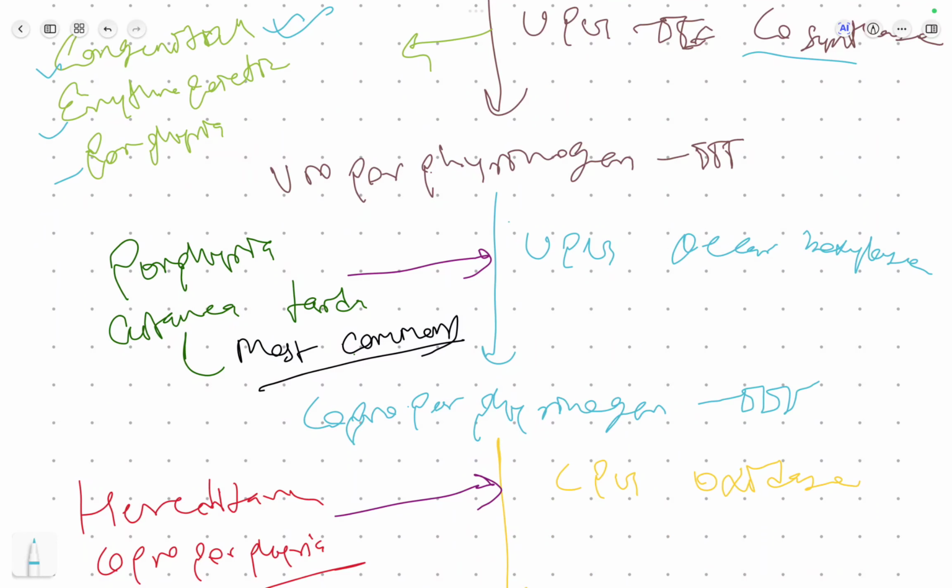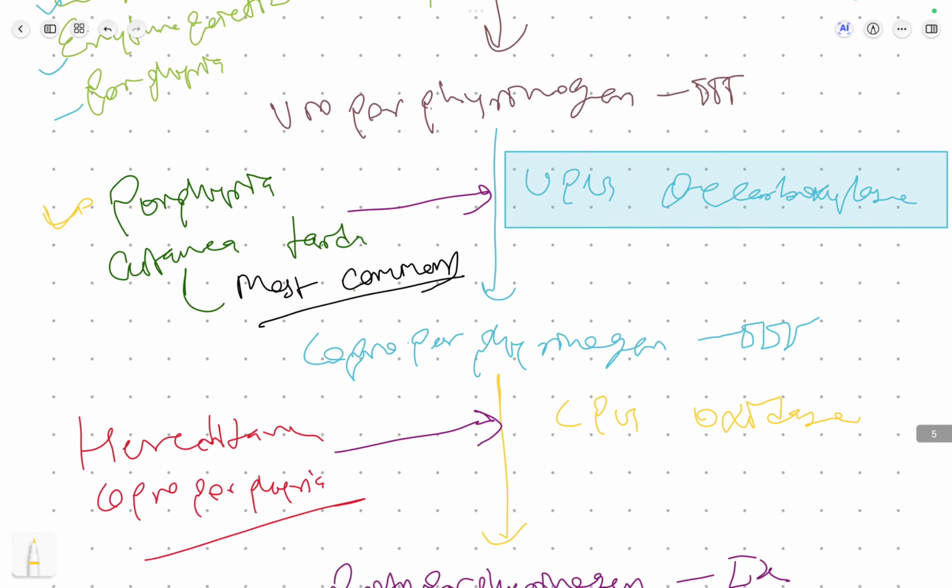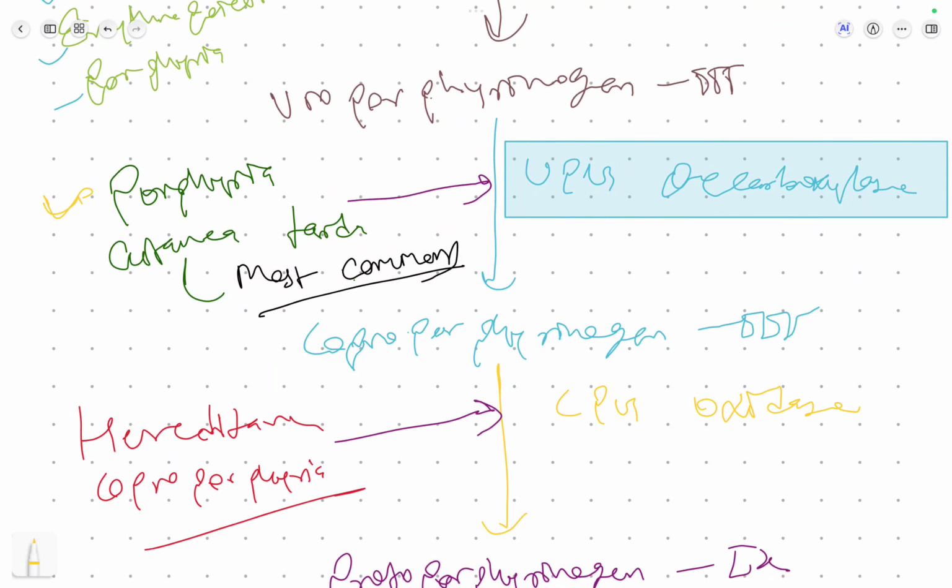All right. And if there is deficiency of UPG decarboxylase, you need to remember this because this is the most common one. If this enzyme is deficient, we are going to suffer from porphyria cutanea tarda, and it is the most common porphyria.